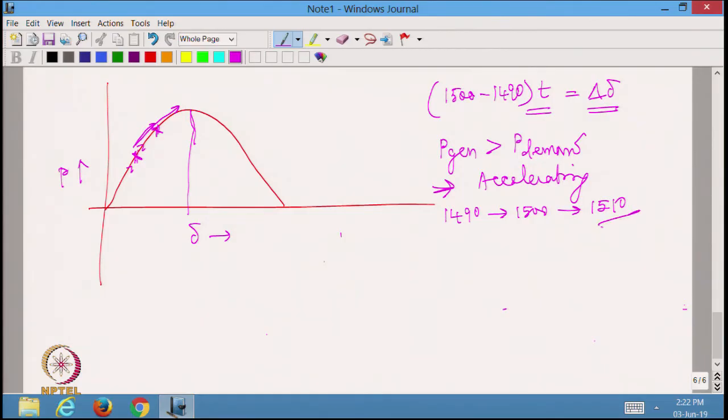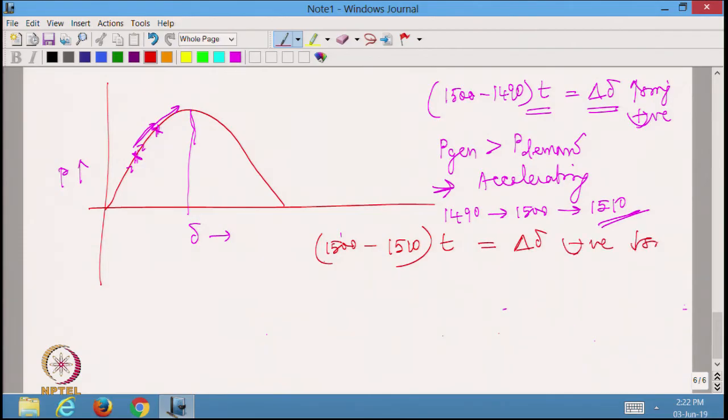When it goes to 1510, delta was increasing, or positive, whereas now when the speed becomes 1510, 1510 subtracted from 1500 means negative velocity, which will make delta decrease.